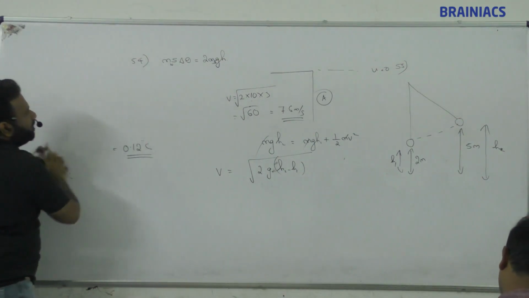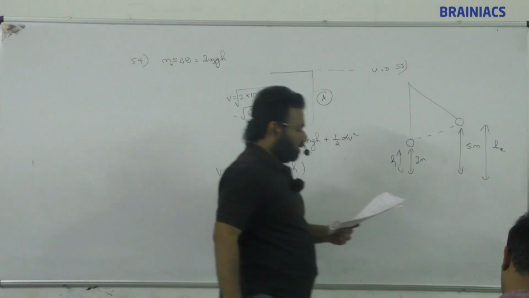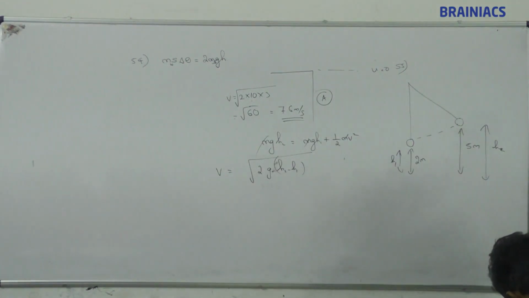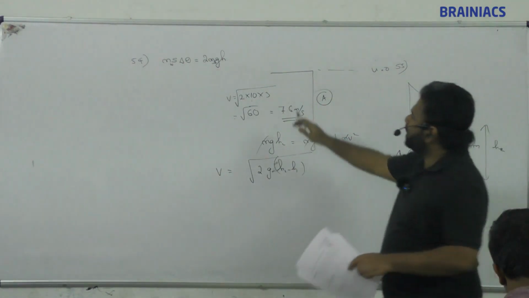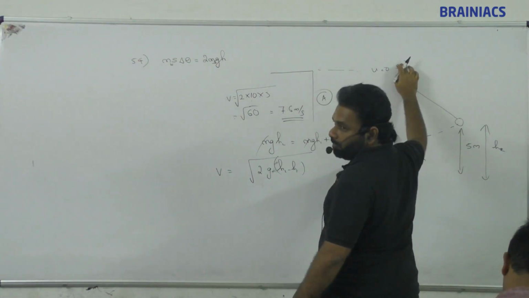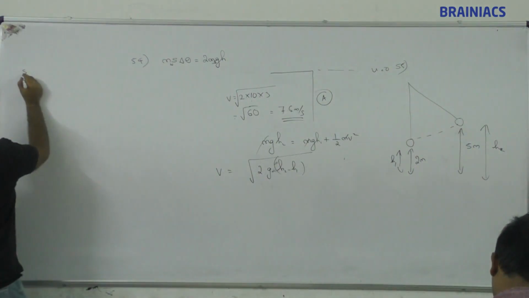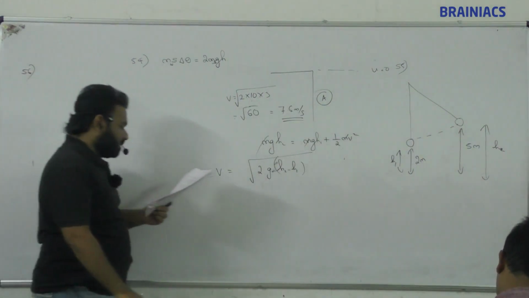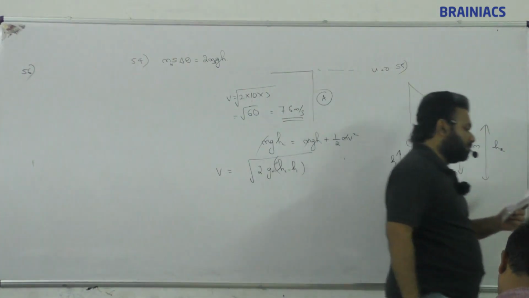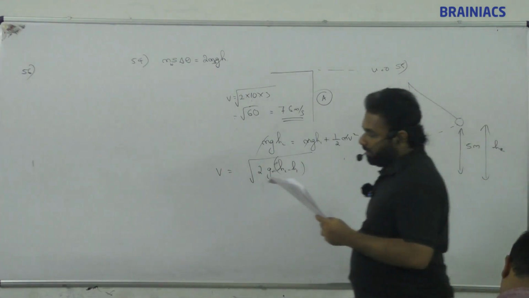Next, question number 56. A block of mass M slides off a bowl as shown in the figure.